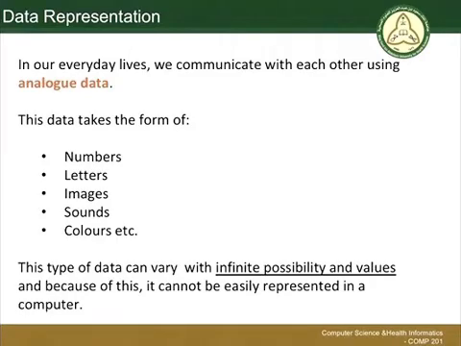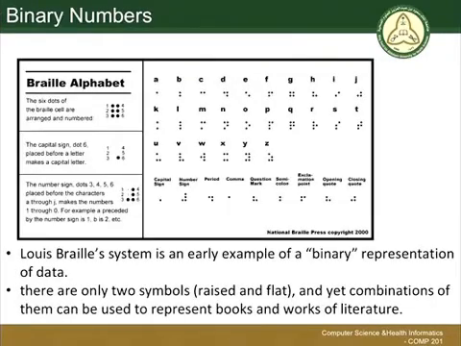So how can we represent these analog data in the computer that can only understand two values, which are the 0 and 1? And also the computer is limited by the capacity. So if I have infinite possibility, how can the computer store these infinite possibilities?